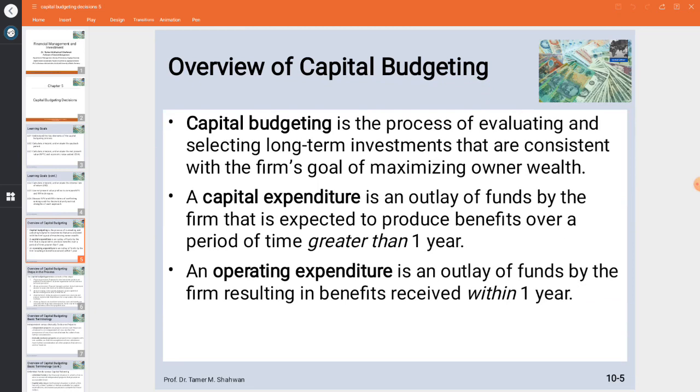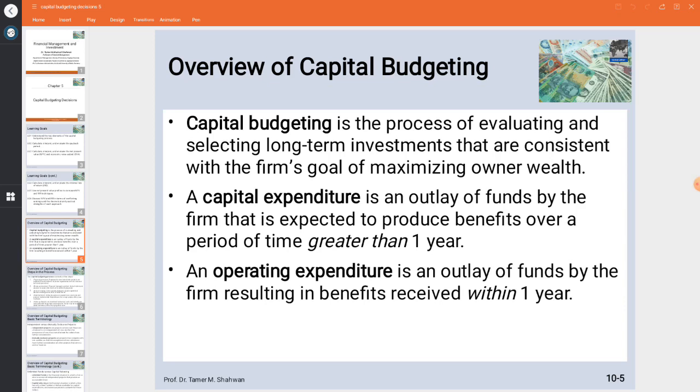What is a capital expenditure? It is an outlay of funds by a firm that is expected to produce benefits over a period of time greater than 1 year. The main difference between this type of expenditure and the other type, such as operating expenditure, is the maturity of the expenditure.